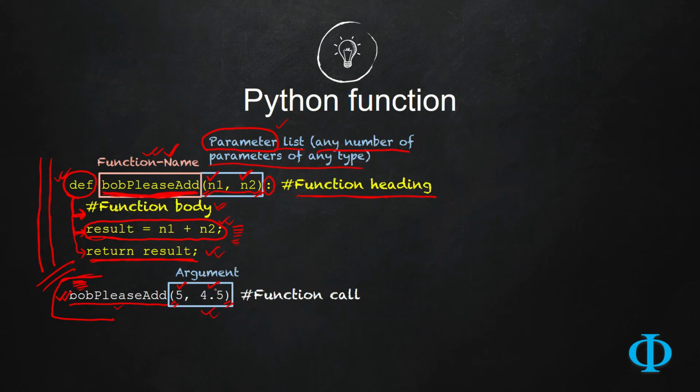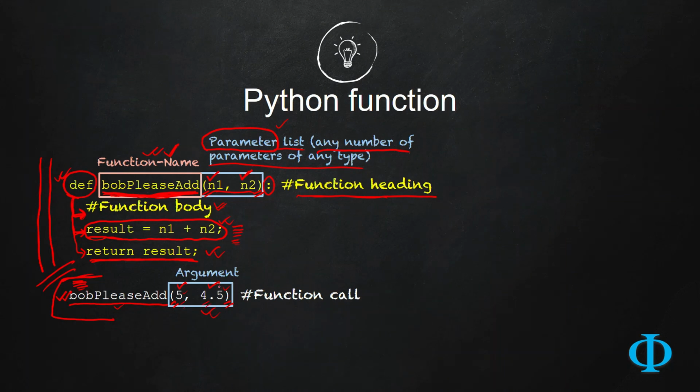Here I am interested to get the addition of 5 and 4.5 specifically, and that's why I passed 5 and 4.5 here.